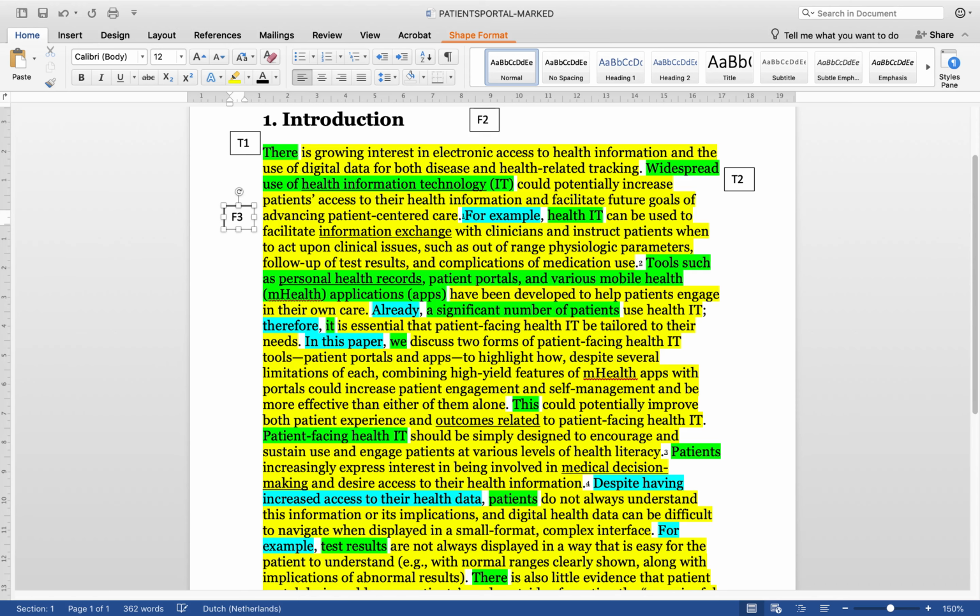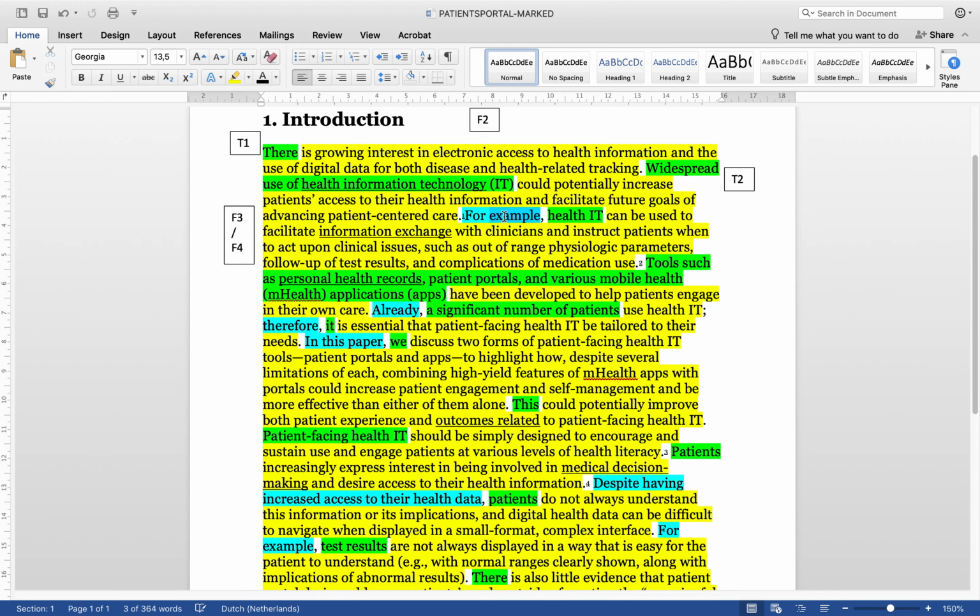This is a little bit complicated because are we talking about patients' access to health information, or are we talking about facilitating future goals of advancing patient-centered care? Apparently, these writers think that the last one that we for now have called F4 is most important because that's why it's at the end of the sentence, because whatever is at the end of the sentence, people will remember.